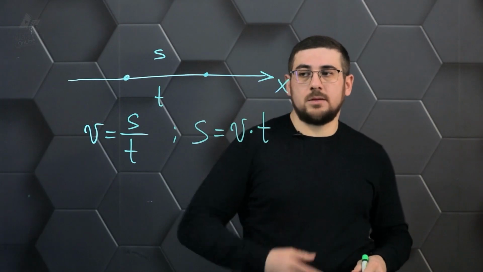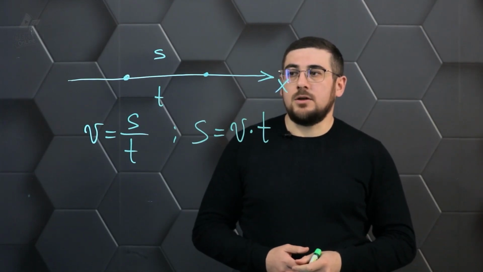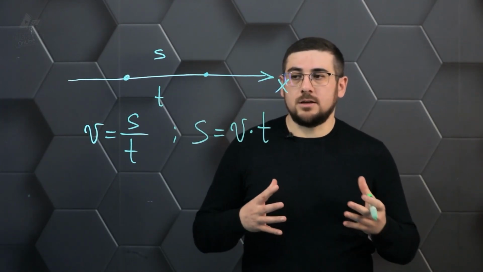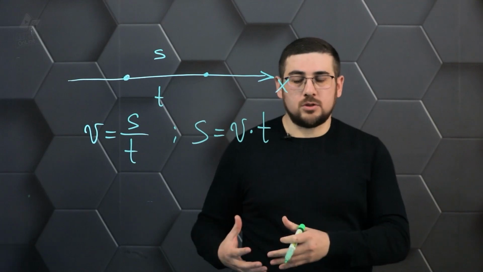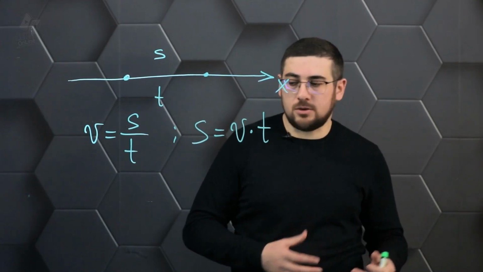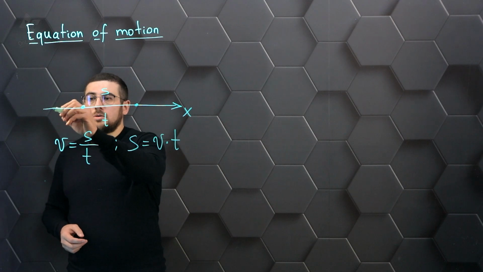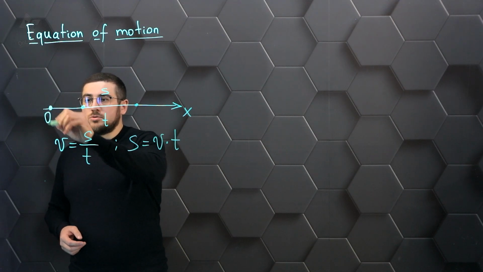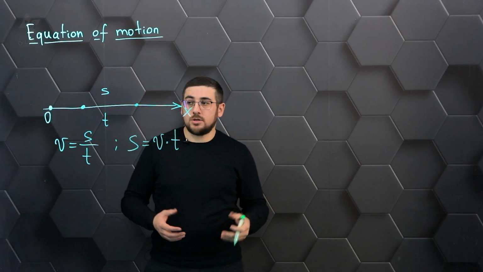And then, in order to show where the body turned out to be from where it began to move, we will introduce concepts such as the initial coordinate of the body and the final coordinate of the body. For example, here we have the beginning of the reference, then the initial coordinate of the body.